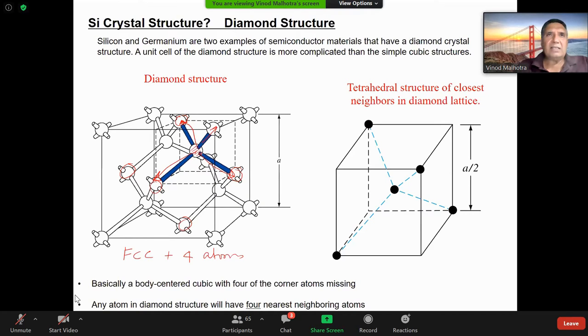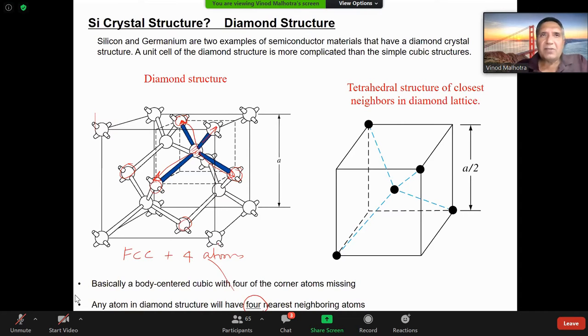So each silicon atom, all of them are silicon atoms, connects to 4 nearest neighbors. That's a key. There are 4 nearest neighbors, and those are the 4 nearest neighbors. And this pattern you can pretty much repeat for every atom.